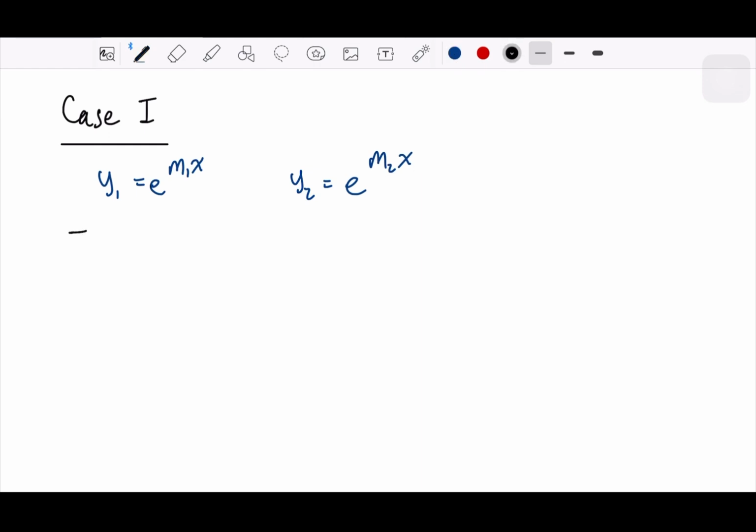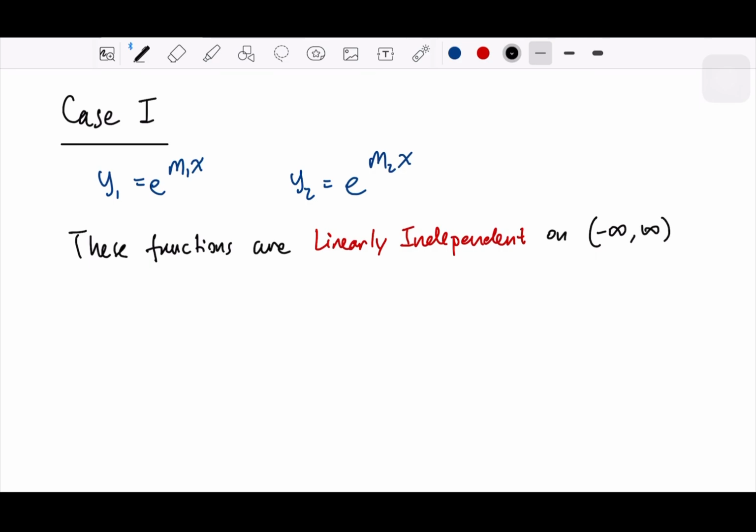Now these functions should both be linearly independent on all intervals, on all x, and we can write the general solution. Nothing really complicated here.